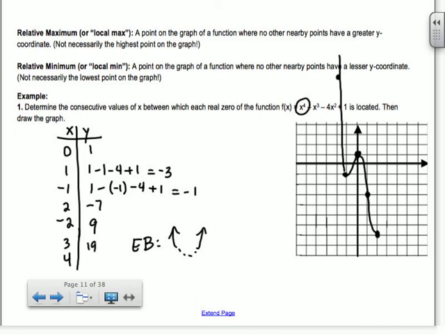And when you plugged in 4, what'd you get? Really big. 129. Good. All right, so that means 3 is way up here already. So that's how we know that it goes back up. Okay, I just made it look like it goes through at 3, but it doesn't go through at 3. So be careful with your sketch. It goes through right before 3.